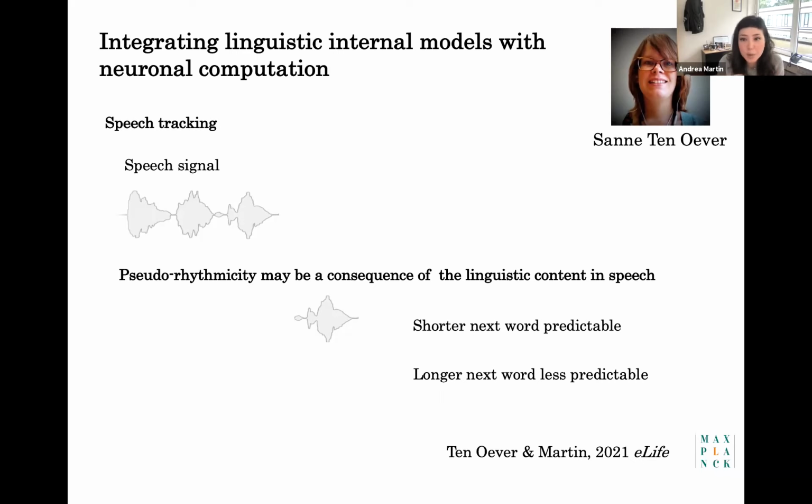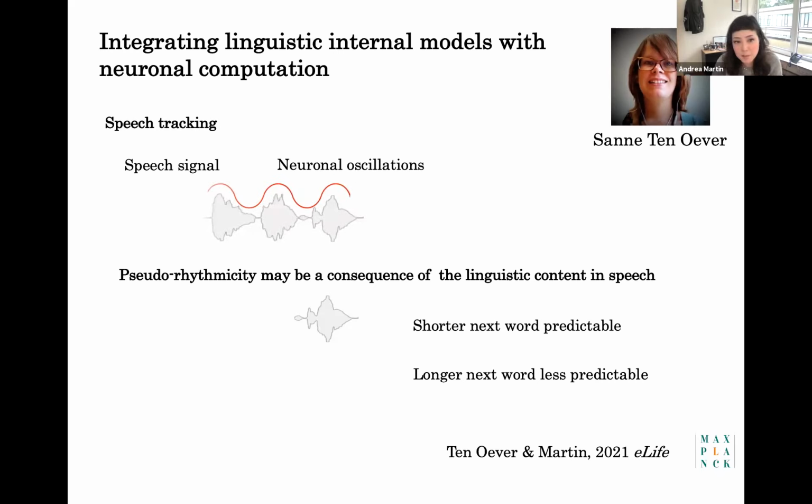So it's an open question how we can track it at all. It could involve aligning highly excitable neuronal phases with important moments in the speech signal. But what's rarely been considered in speech tracking is how that pseudorhythmicity could be a consequence of the content of speech. And so that's what Sana wants to do: figure out how you can align the contents of speech with neural oscillations, given the fact that it's not isochronous.